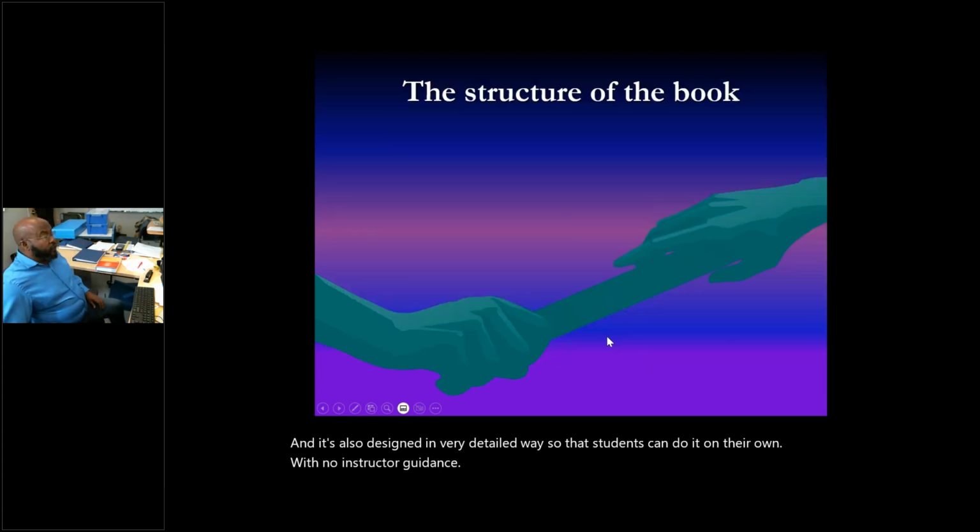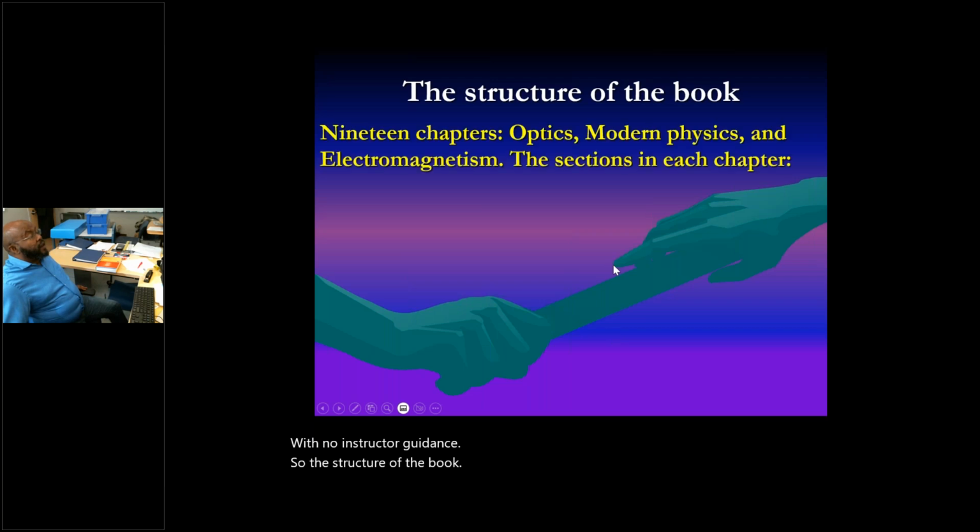So the structure of the book: it has 19 chapters in optics, modern physics, and electromagnetism. And each chapter has a brief section about the basic theories that students should know before they do the virtual or real lab.